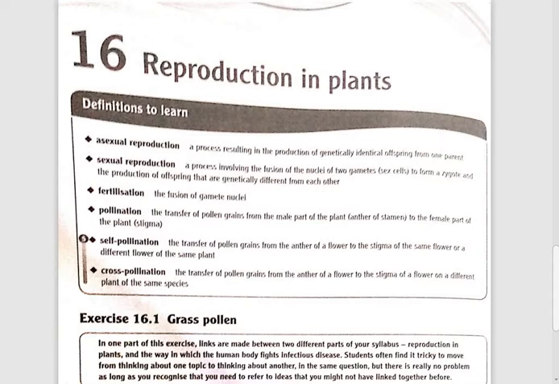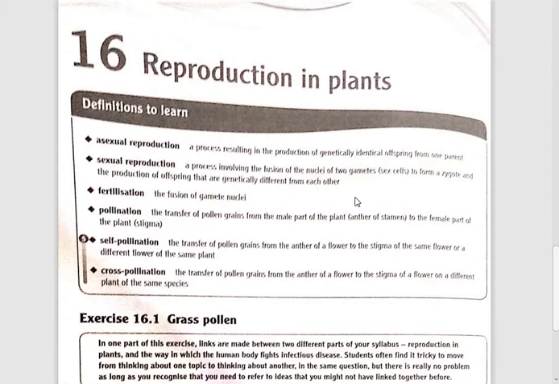Cross-pollination cannot happen between these two species because they are not the same species. Rose and berry are totally different species, so cross-pollination cannot happen. But cross-pollination can happen within the same species of rose or within the same species of berry. So this is an example I'm giving you guys.